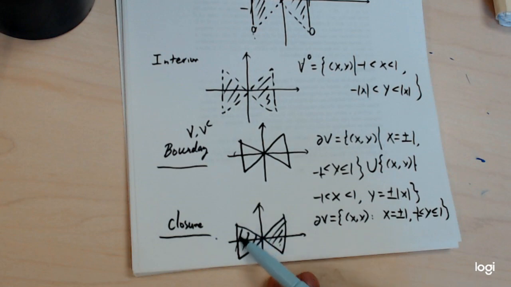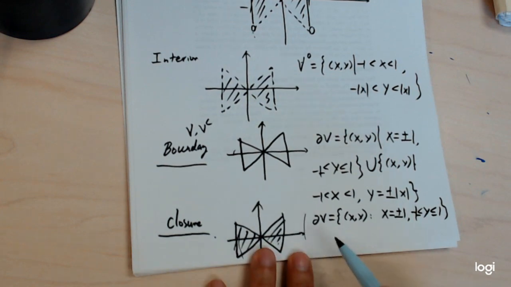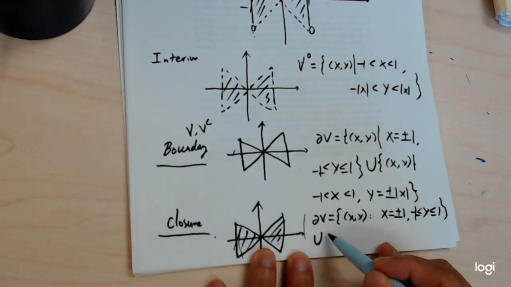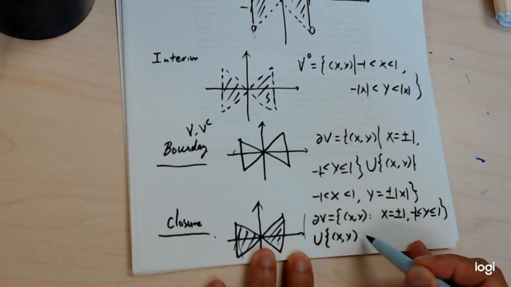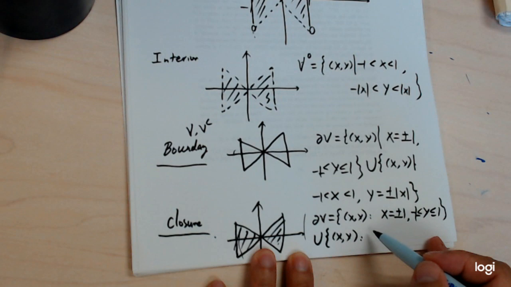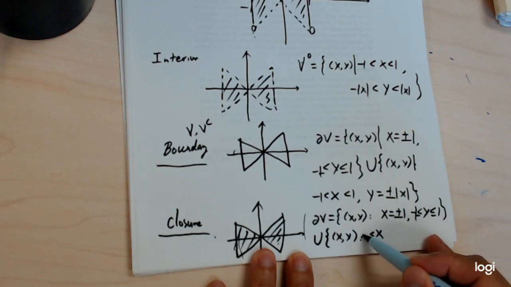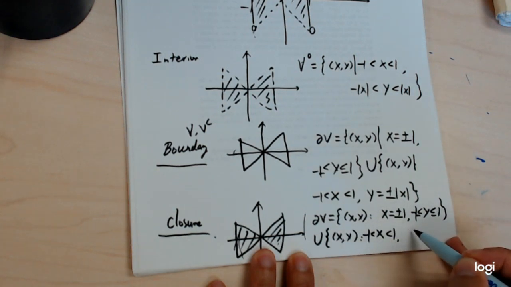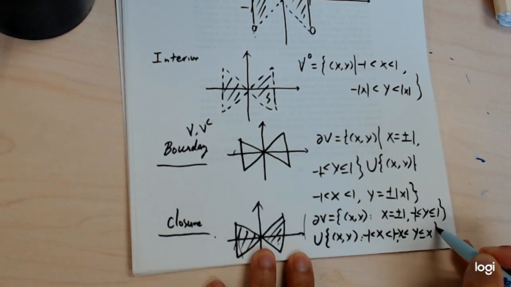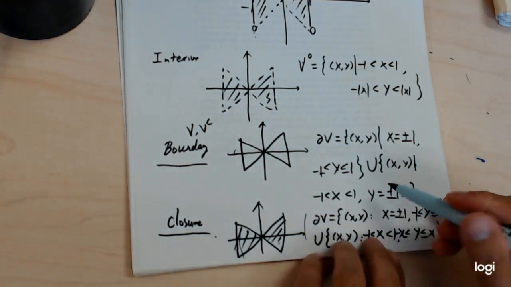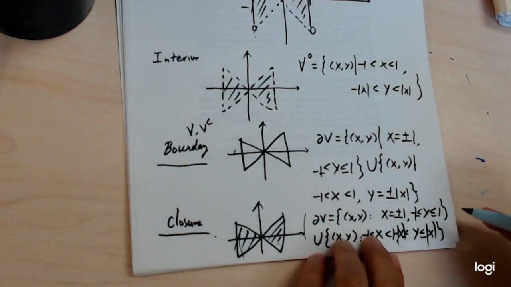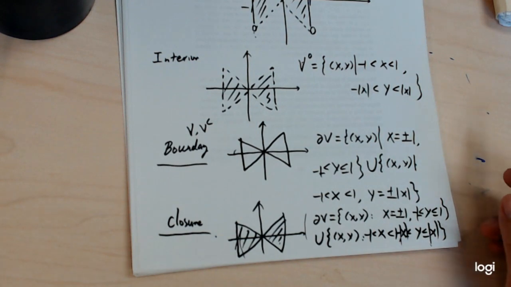So that is those two vertical lines, and y is between negative absolute value of x and absolute value of x. That's the closure.